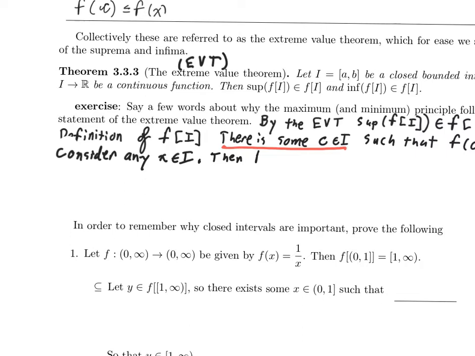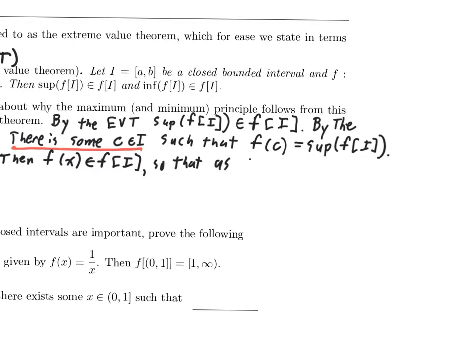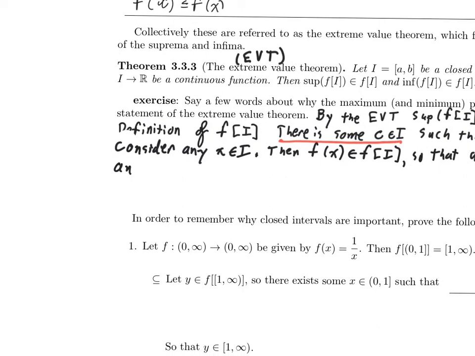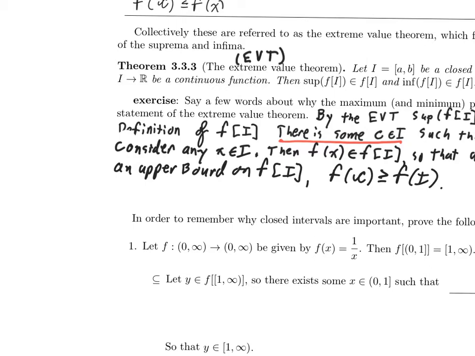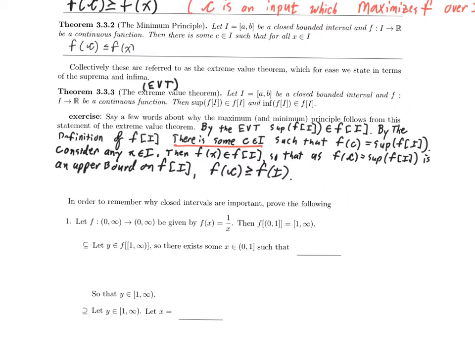Then f of x is in f of I, so as f of c, equal to the supremum of f of I, is an upper bound on f of I, we can make a conclusion. We conclude that f of c is bigger than or equal to f of x. And that's exactly what we need to show if we want to prove the maximum principle.